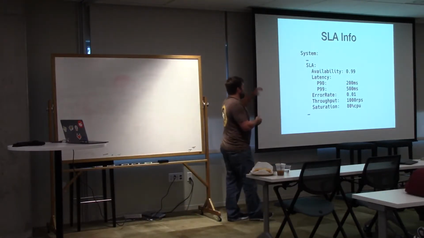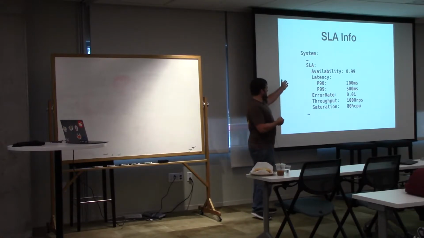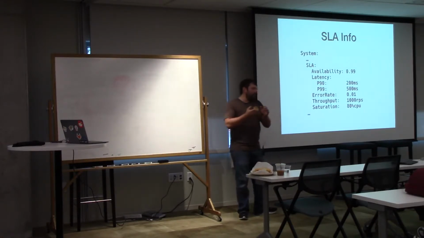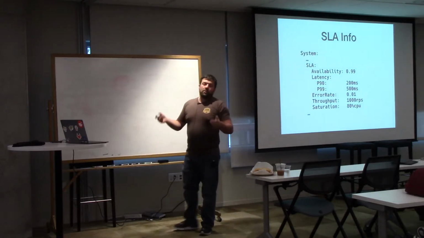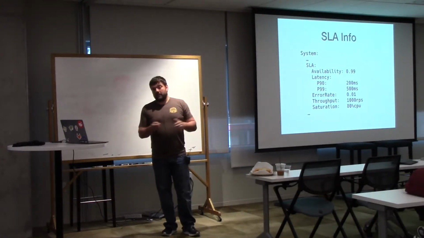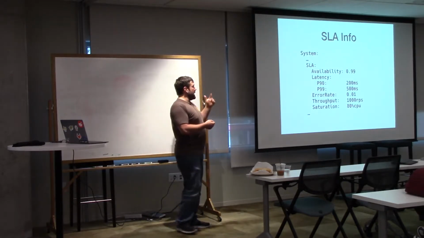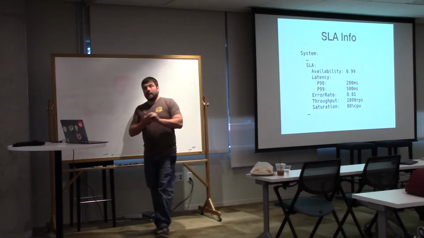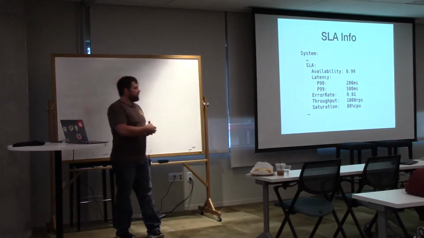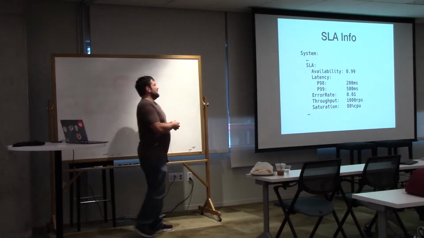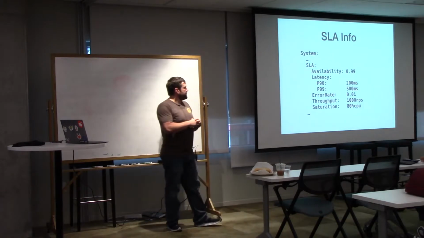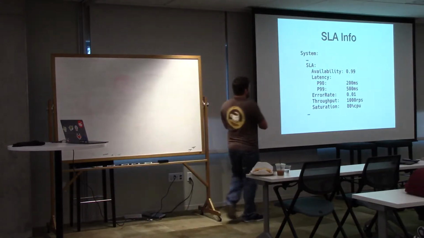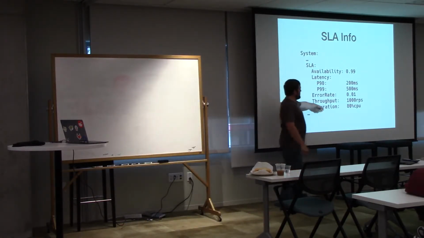So I'm just making some random claims here. I'm saying I have some latency claims. I'm saying 90% of the time I'm going to give my end user a 200 millisecond latency. That's going to be pretty snappy. And only 1% of the time I'm going to have greater than 500 milliseconds. I'm going to have an error rate of 1%. I kind of was thinking about this one, the saturation is kind of funny, 80% CPU.